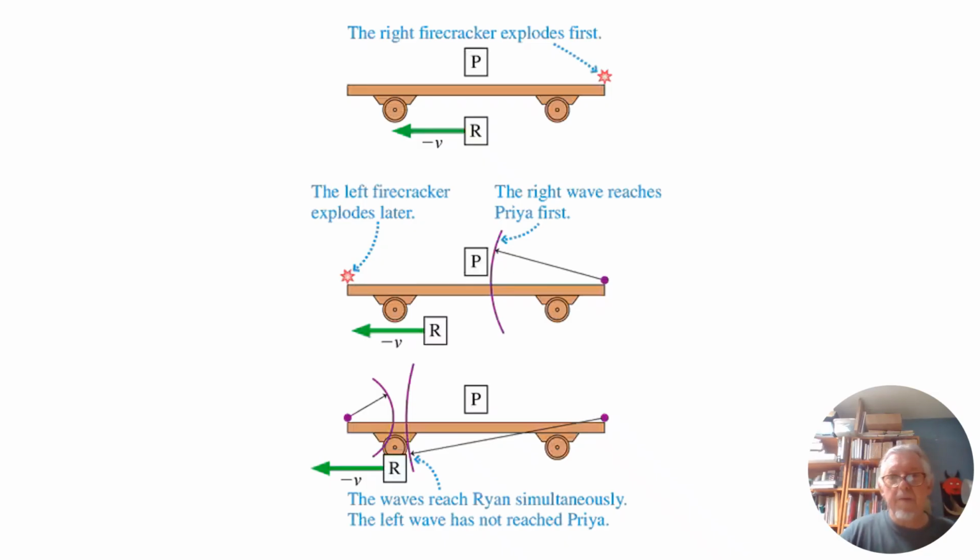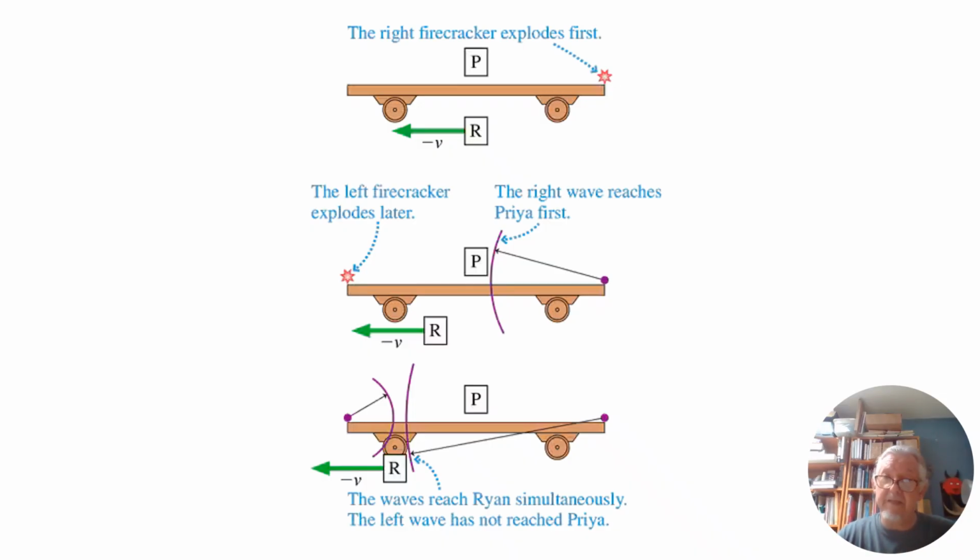And now remember, there's two things going on. The light wave from the right is moving towards Ryan. He's moving away. It's had some time to get over there. And then later, the second firecracker goes off, perfectly synced, because Ryan has gotten closer to it.